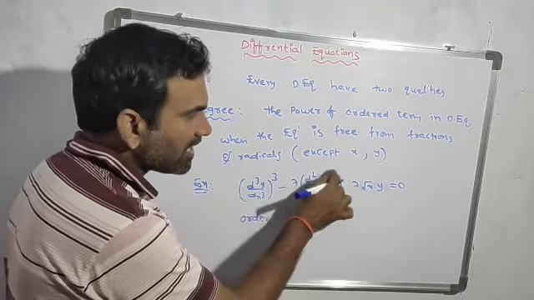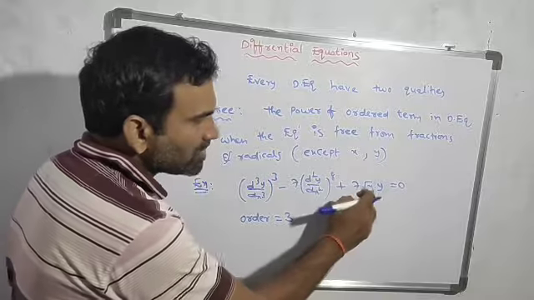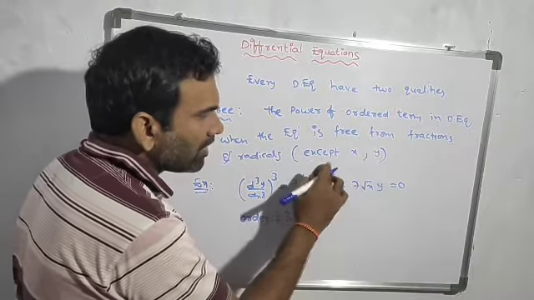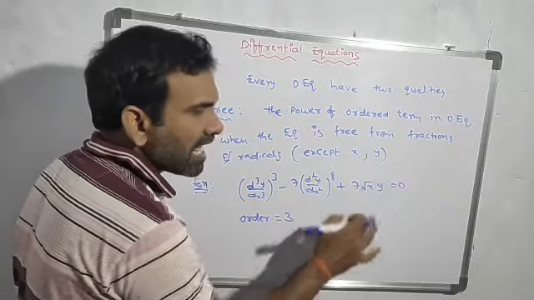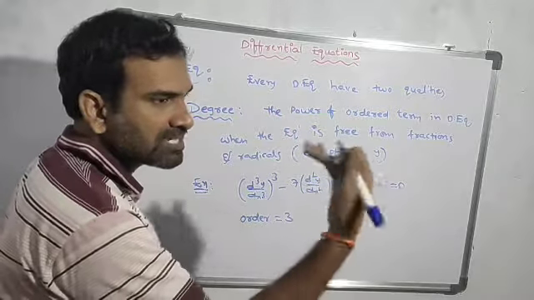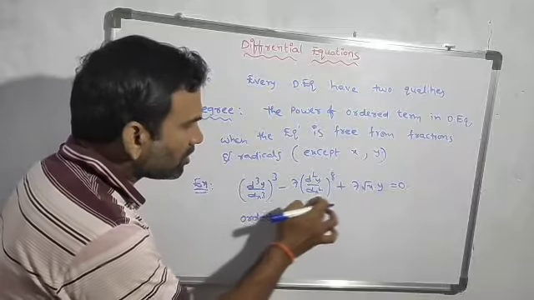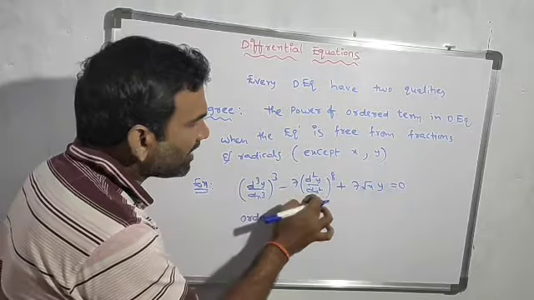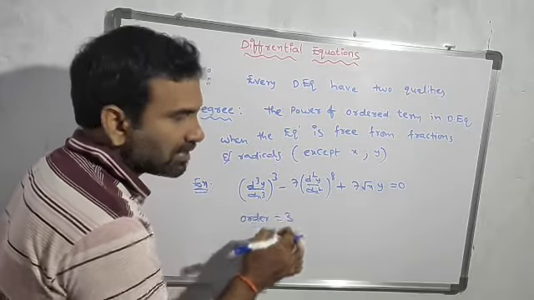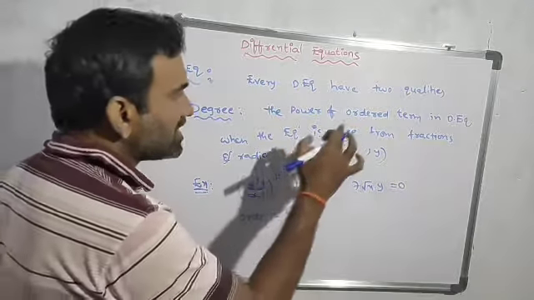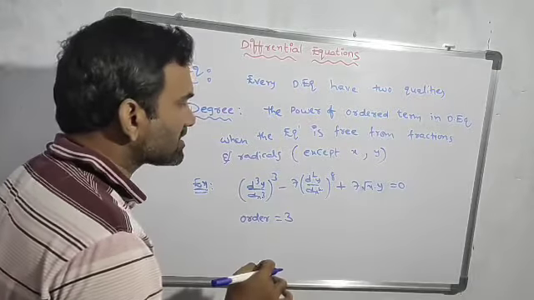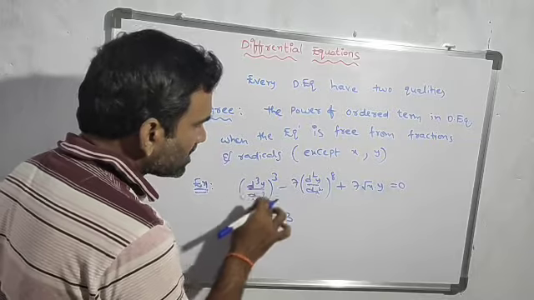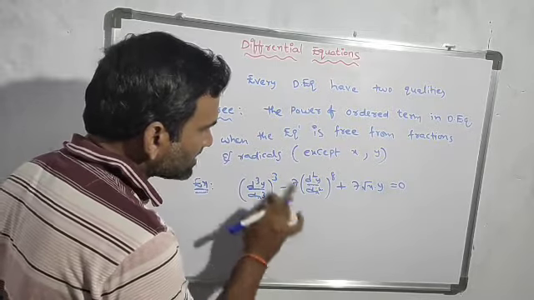No. Here x to the power of 1 by 2 and y to the power of 1, except x comma y. If it is having fractions there, there is no problem, you just ignore that. If the differential equation is free from fractions and radicals in the derivative powers, then we can take these values. So highest order is 3.